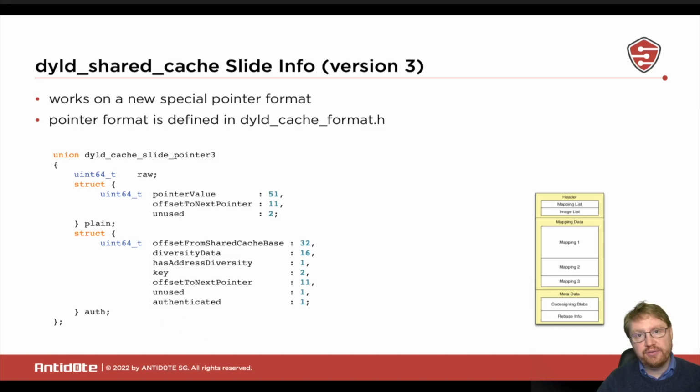Again, we saw yesterday why we need that, because PAC uses this for the verification. But this here now shows you how, when the shared cache is loaded, the system ensures that all the pointers that need to be protected are actually protected.